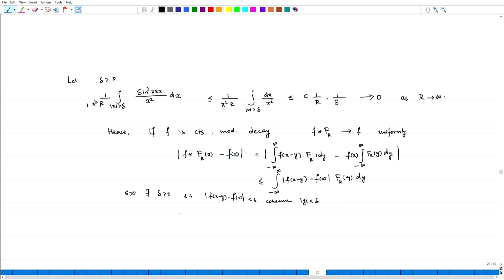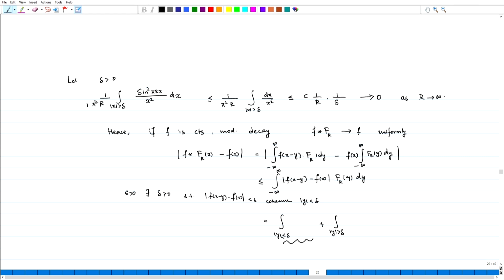So, therefore, I can bracket this integral into mod y less than delta plus mod y greater or equal to delta. On the first one we use the uniform continuity, pull out the epsilon, and we are left with the integral of F_r, whose value is 1.